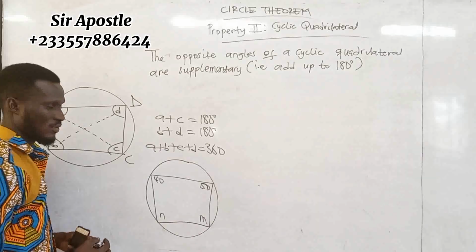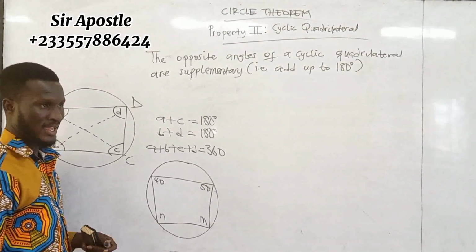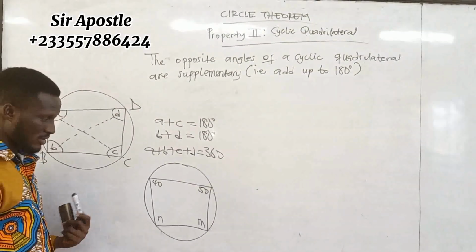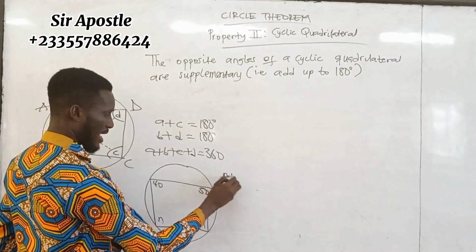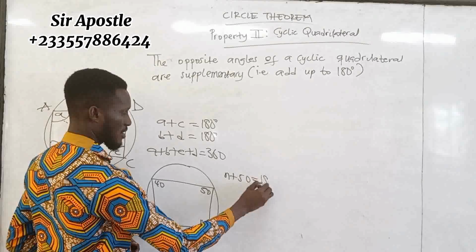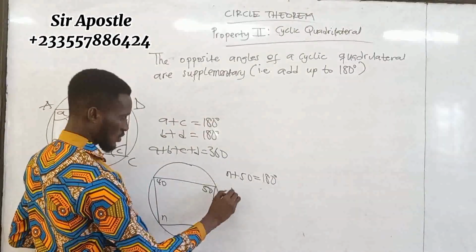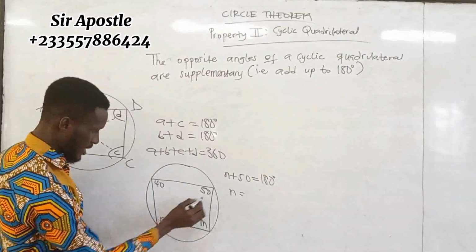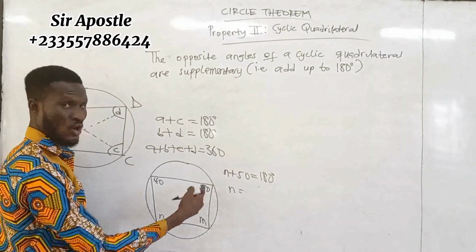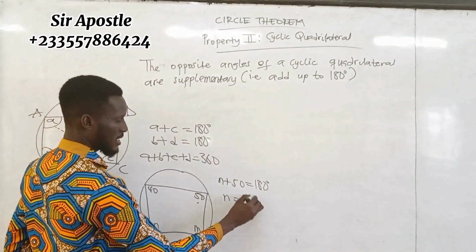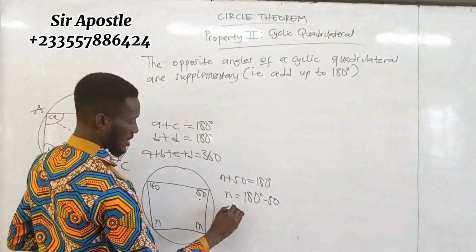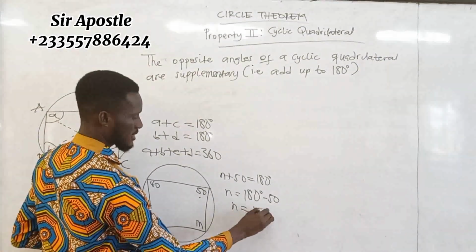Here is N. We can easily find the value of M and N. It's a cyclic quadrilateral. It touches the circumference of the circle. So we can say that M plus 50 is supposed to give us 180 degrees. So N will give us what? Here plus here will give us 180 because they are opposite angles. So we have N equals 180 minus 50. N will give us what? 130 degrees.